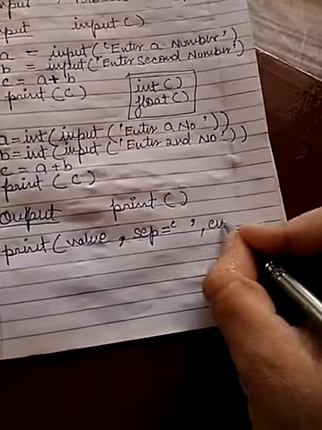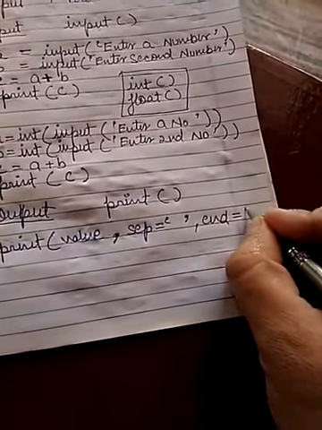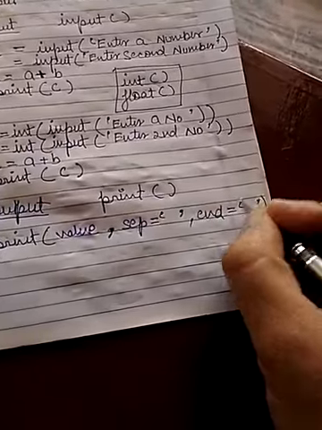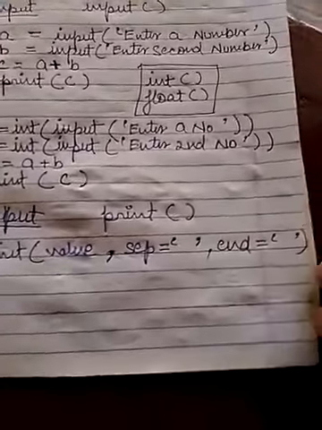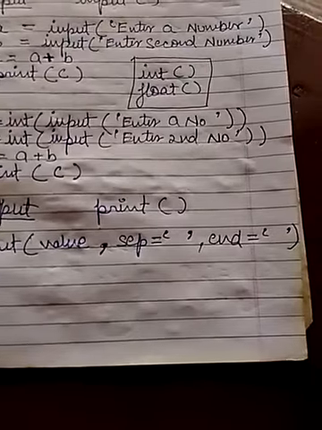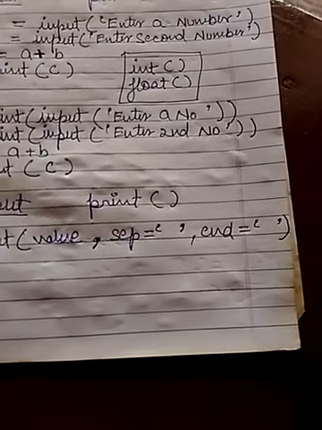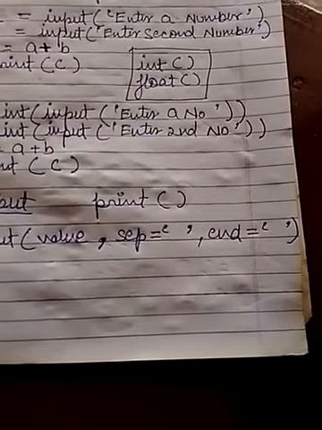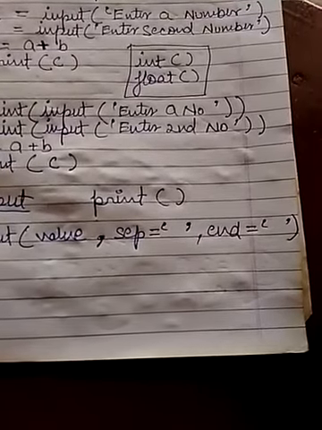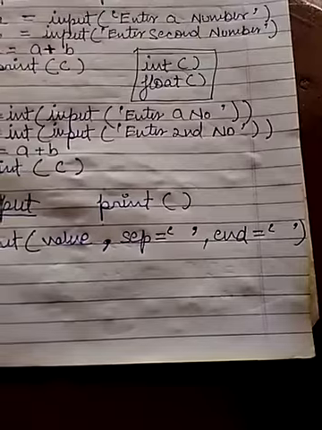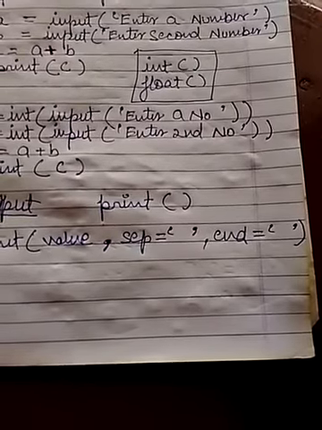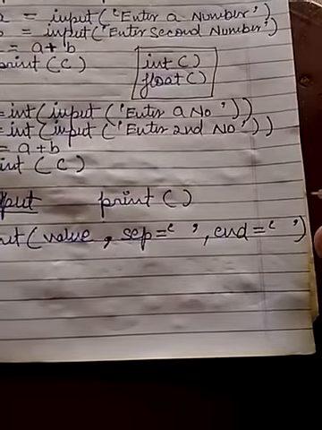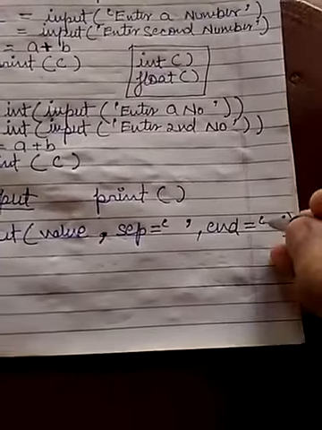And after that, end. End is the parameter, meaning after the execution of the print statement, the line changes automatically, because by default the value of end is new line. But if you want to change the value of the end parameter, then you can change it here. Meaning after printing the value, the line will not end on a new line, it will end on the character which you have written over here.